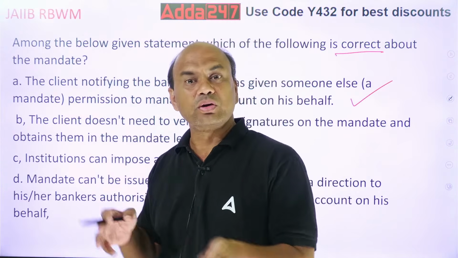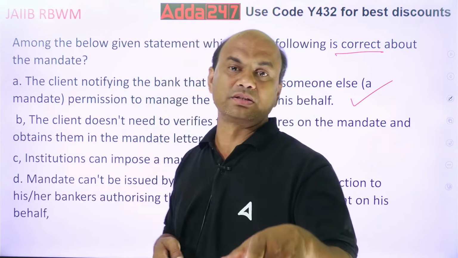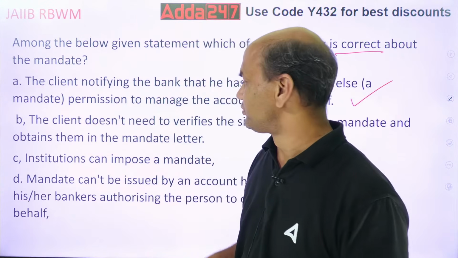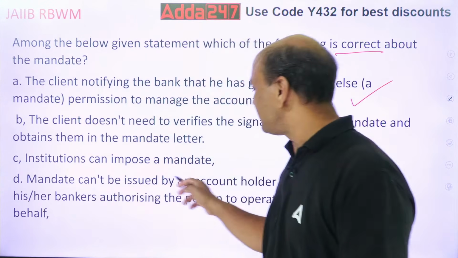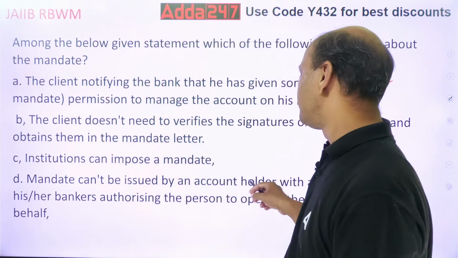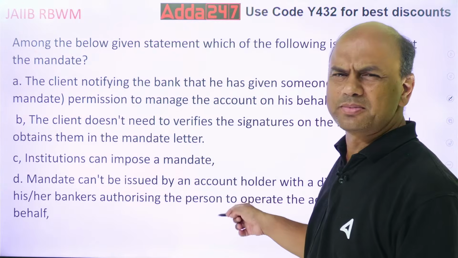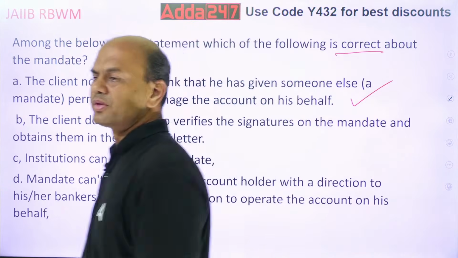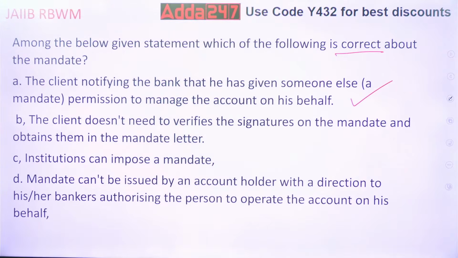So they don't give a mandate. They'll give a board resolution. Mandate can be issued. It's not can't. It can be issued by an account holder. You can read this now. So the correct one is only A.